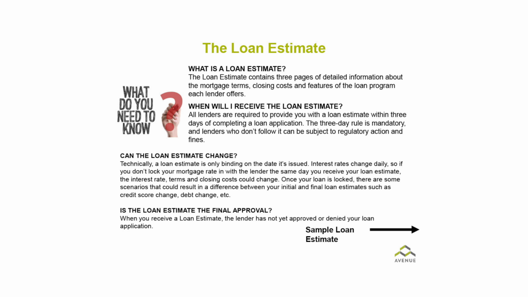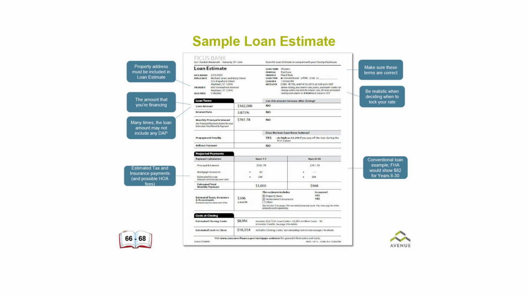Next screen. This is a sample of the loan estimate. The first portion up there has the date that it's issued, then your information, then the property where you're going to purchase, and then how much the contract had agreed to purchase the property for.